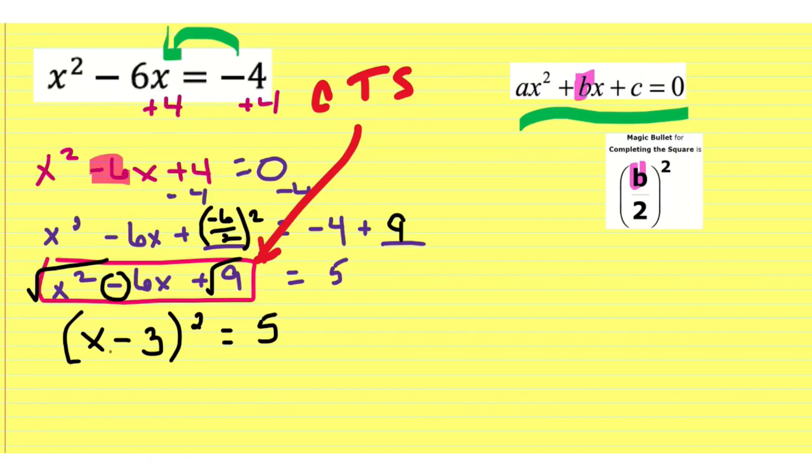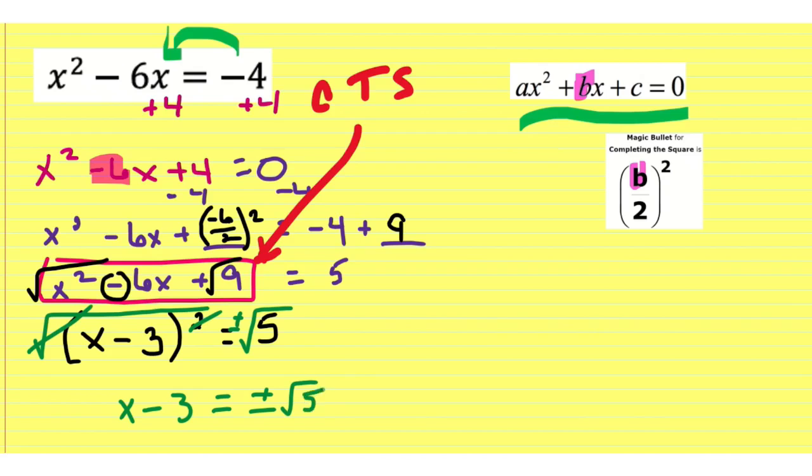So now that it is in this format, I can now use the square root method to finish solving it. So that means I'm going to take the square root of this side, and I'm going to do plus or minus on the answer side, plus or minus the square root of 5. And so that is going to leave me with x minus 3 on that side because the square root cancels out the square. And that's going to be equal to plus or minus square root of 5.